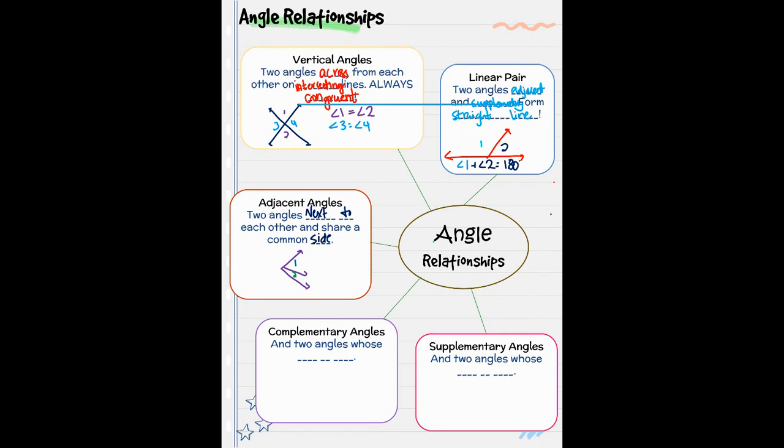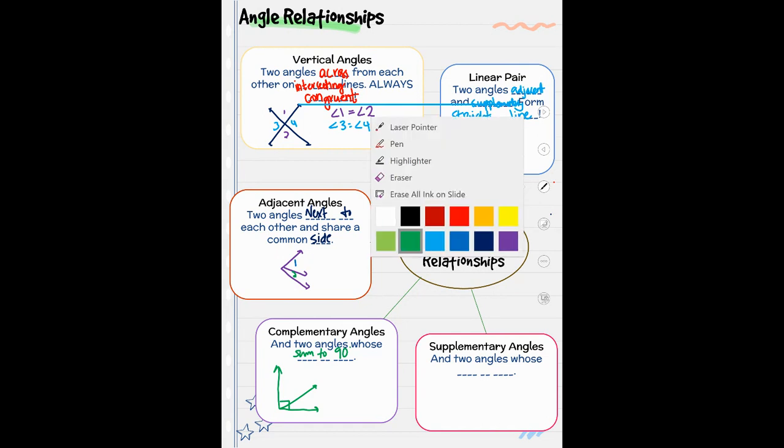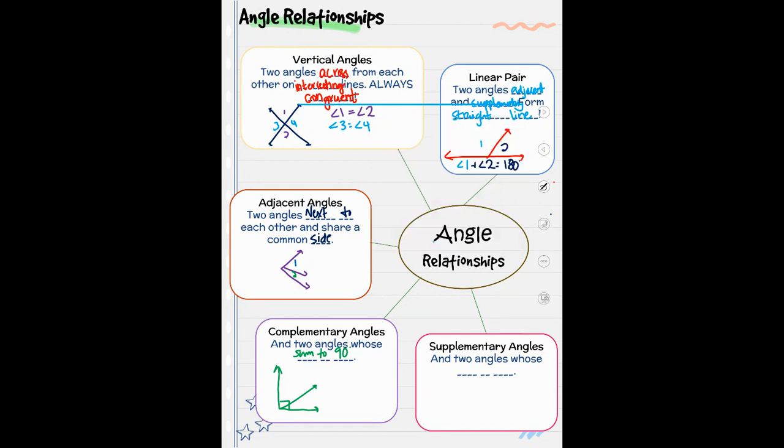All right, our complementary angles are two angles whose sum, meaning they add up to 90 degrees. And our example is going to look like this. Remember, our 90 degrees is a right angle, and it's marked with a little square saying that it's 90 degrees.